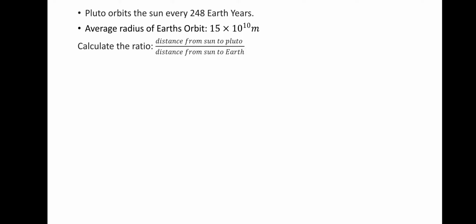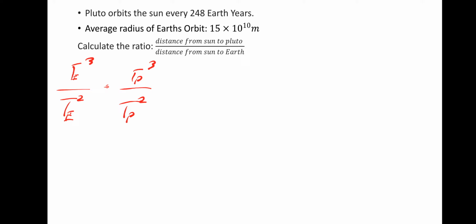So once again, it's r cubed over t squared equals r cubed over t squared. And on one side you need Earth, and on the other side is Pluto.